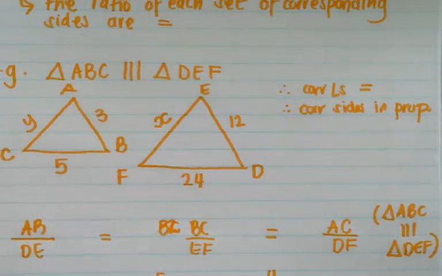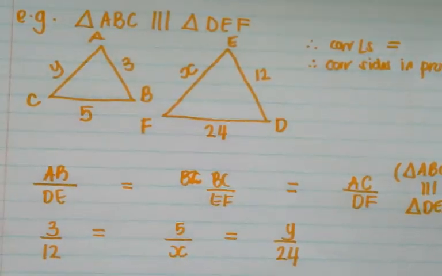So you should have gotten 3 over 12, 5 over x, and y over 24. Now my question to you is, what is the true value of x and what is the true value of y? We're going to do it together, so don't worry.